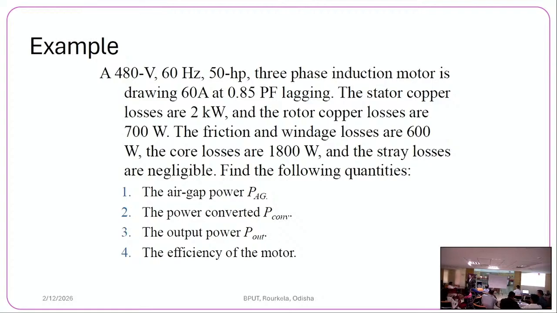So the rotor frequency is 5 hertz, and the rotor core loss will be about 1/10 of that at 50 hertz. Because slip is around 5%, the rotor core loss is around 10%, which you can neglect because full data is not there. So we neglect rotor core loss and take the total 1800 watt as stator core loss. So 2 kilowatt and 1800 watt combined, subtracted from the input power, give the air gap power.